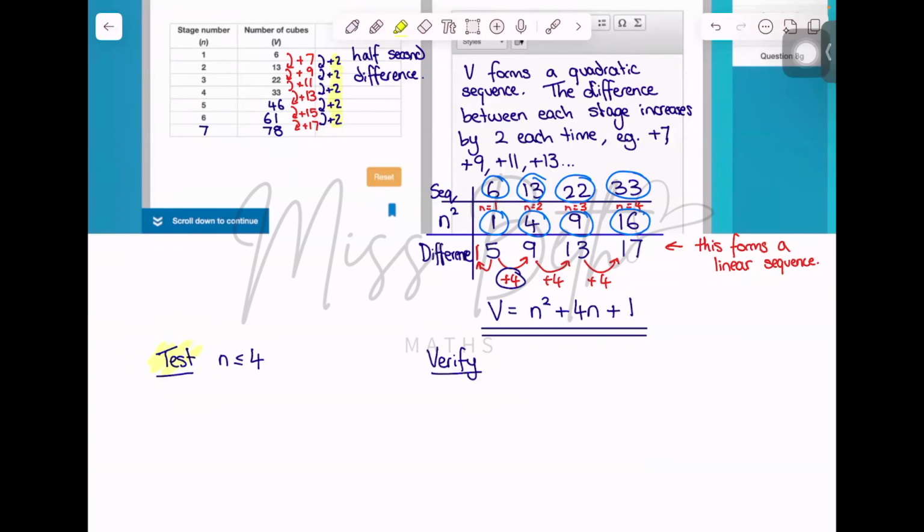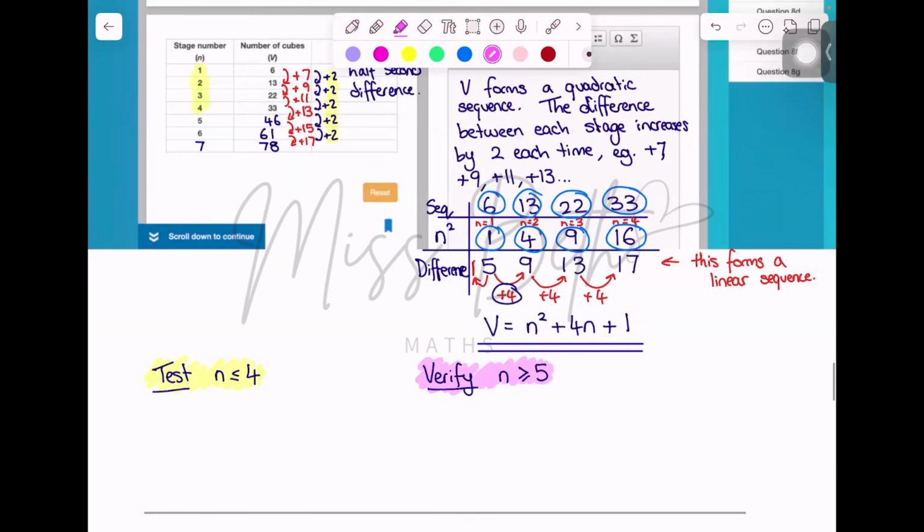So let me highlight that so it's nice and clear. So we can use any of these values here. And then for verify, we're going to use n values greater than or equal to 5. So like in the first part of the question, you will use the values where you made predictions.